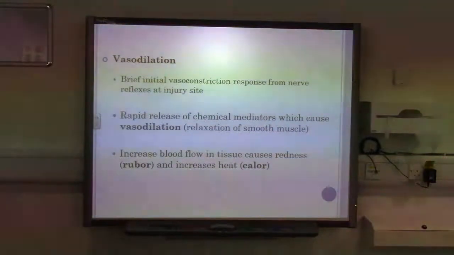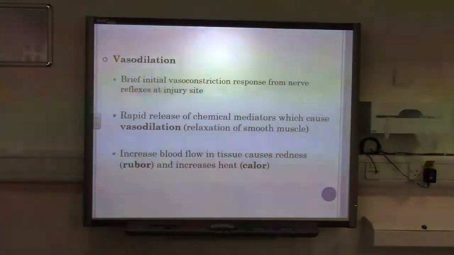The brief vasoconstriction, that initial response to injury from the nerve reflexes at the injury site, is followed by vasodilation. So this then forms that cascade of events in terms of vasodilation. The rapid release of chemical mediators, so histamine and prostaglandins, causes the relaxation of smooth muscle.